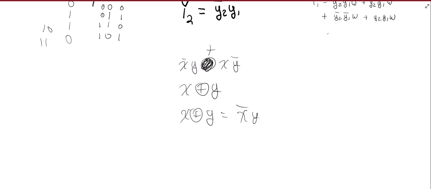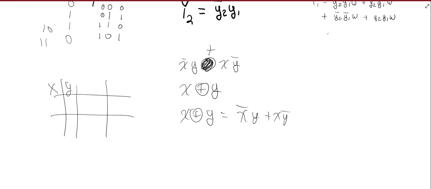Okay, so what an exclusive OR does is, if I have x bar y or x y bar, that's equivalent to the exclusive OR of x and y. So the exclusive OR of x and y is the same as x bar y or x y bar. And you can see that if you look at the exclusive OR table.